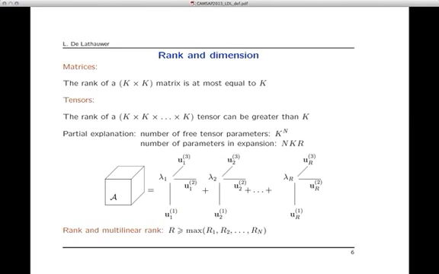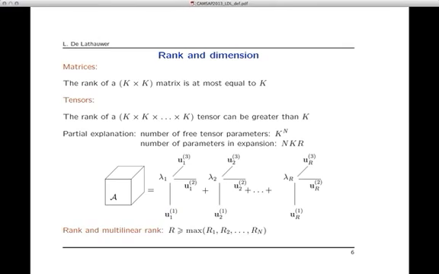The mathematical properties of tensor decompositions and matrix decompositions are very different. You should not be afraid. This is just something to show that even very basic stuff has totally different properties. But nevertheless, it's convenient to work with.